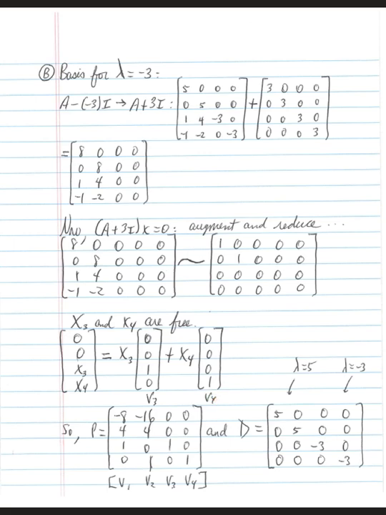So to do the diagonalization, matrix P is the first two vectors that we had from the previous slide where lambda was 5. These two are the third and fourth columns, and I went ahead and labeled under here V1 through V4.